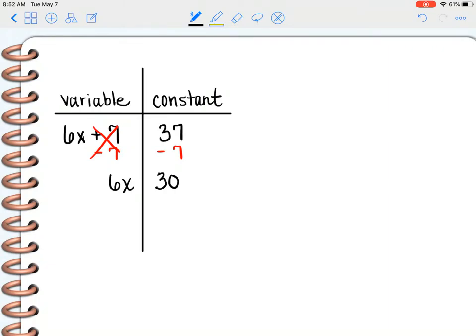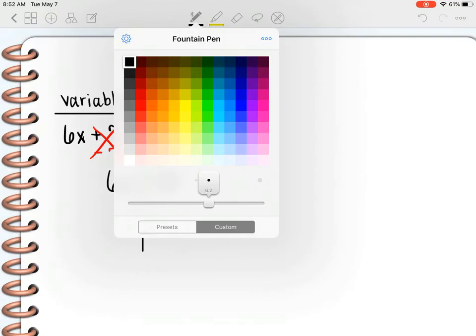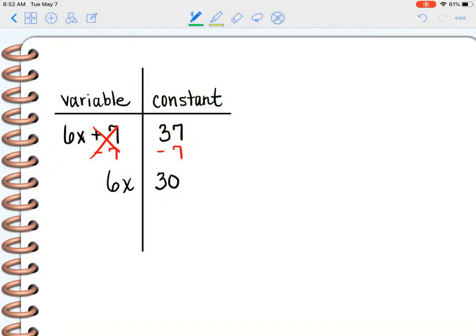Up until this point, you would just have an x there, or an a, or a b. But this time, we're still carrying a coefficient. So we need to divide that coefficient away. I'm going to say this side divided by 6 and this side divided by 6.